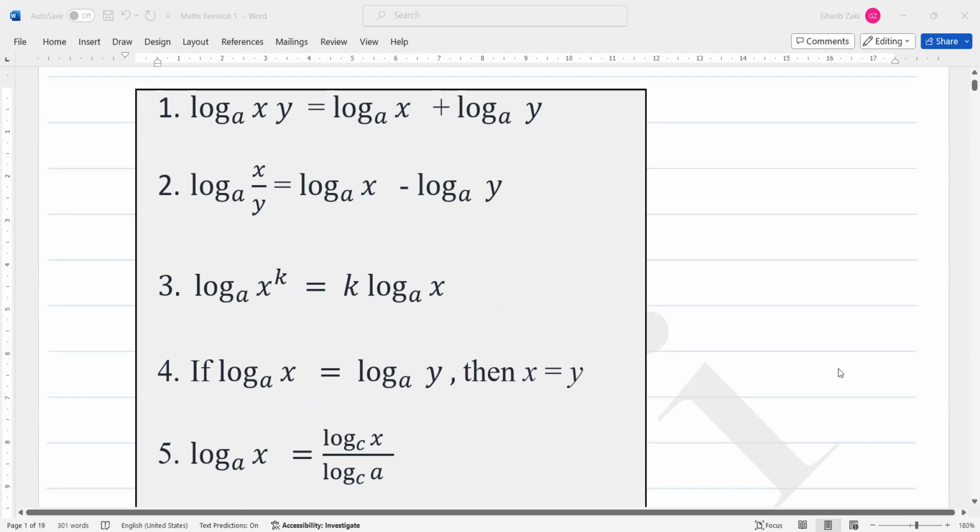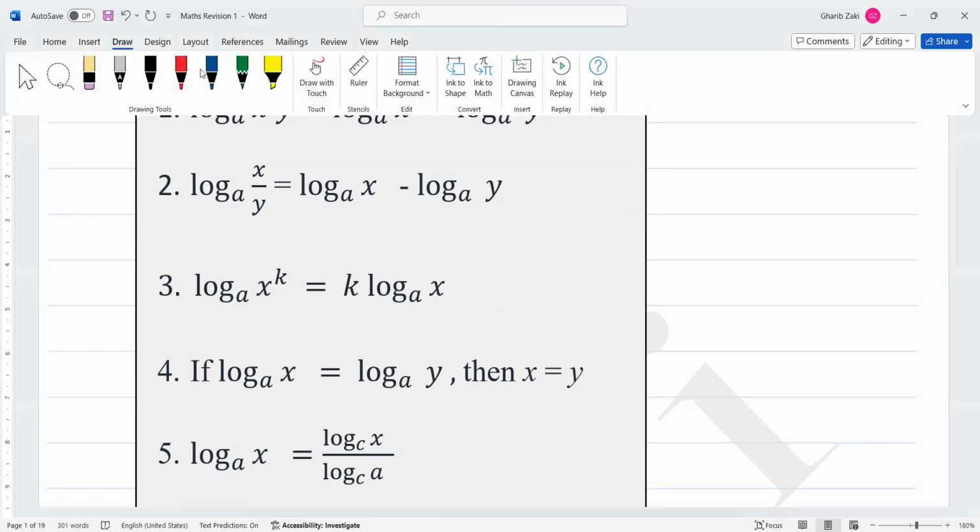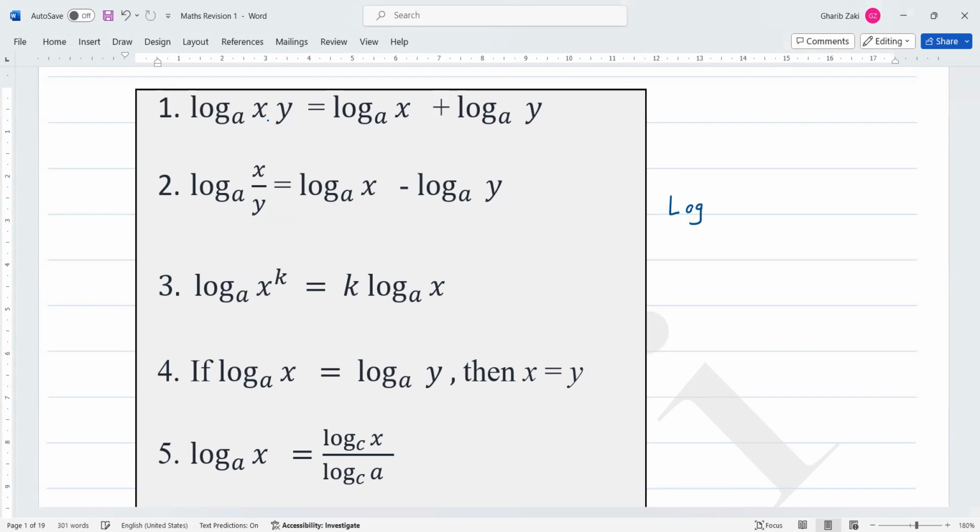If log x to the base a equals log y to the same base a, then x equals y. Number 5 is important. Let us look at number 5. This is called changing the base. So log any number, for example, log x to the base 5.